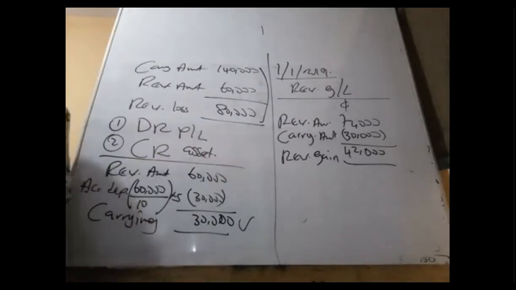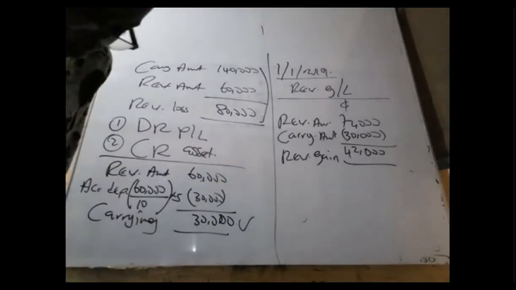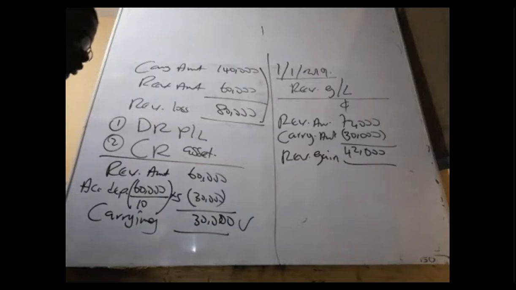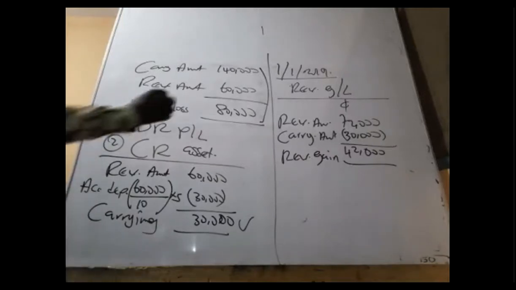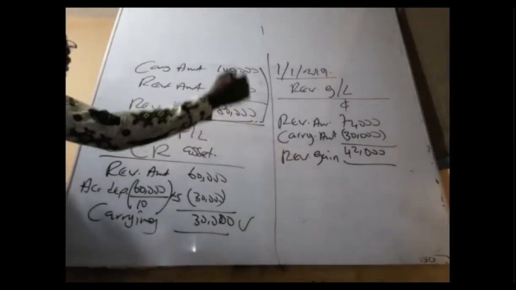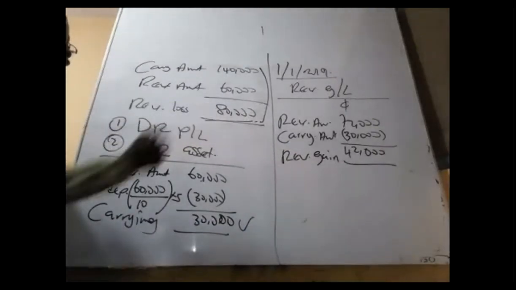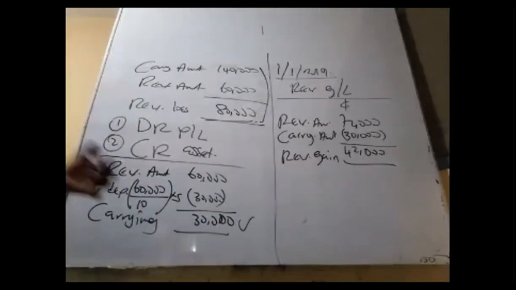How do you treat this gain? Here we are. We just want to test the understanding of what? Previous loss. There's a revaluation gain of 42,000 currently. But the same asset gave us a revaluation loss some time ago, or exactly 5 years ago. So how do you treat this gain?